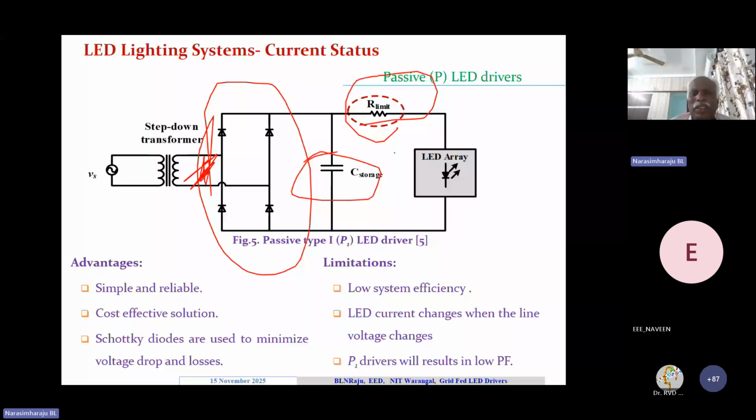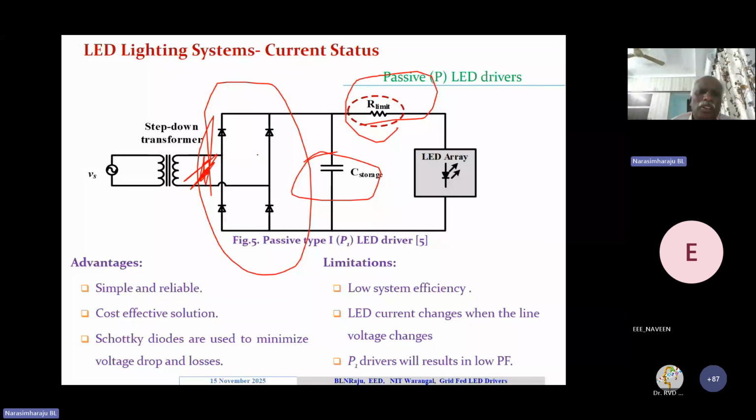So this may not be very efficient. Moreover, you always need to survive with the AC ripple component, which is not advisable for good energy efficient LED lamps.